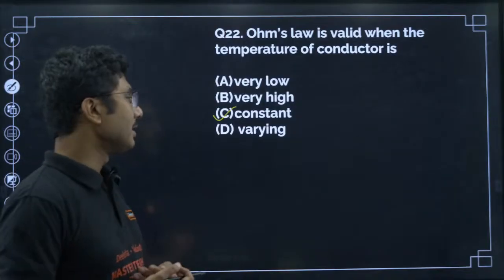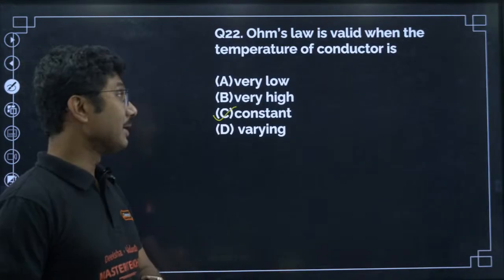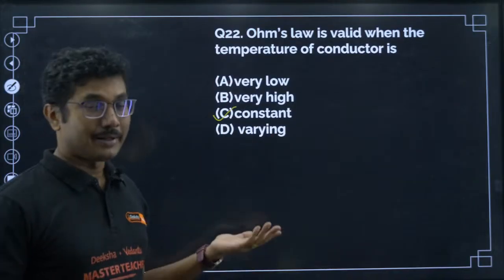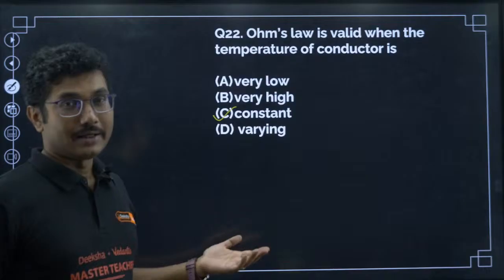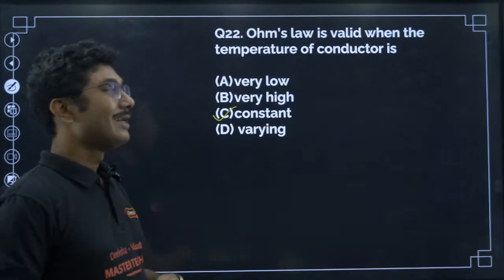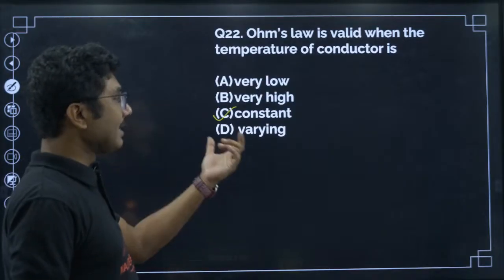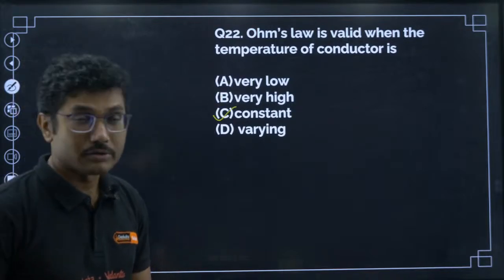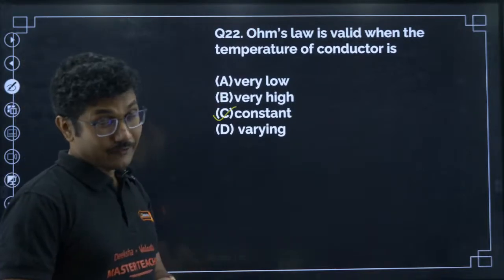At very high temperature, a metal may not be a conductor because it is already melted, so Ohm's law is not valid there. If the temperature varies, resistance varies, which means Ohm's law is also not valid.